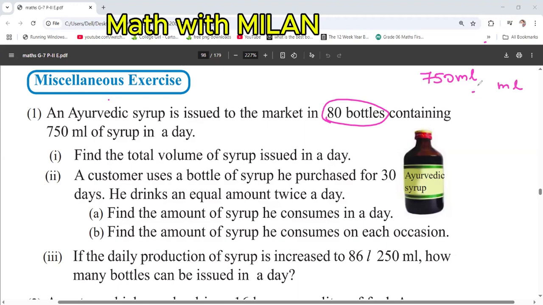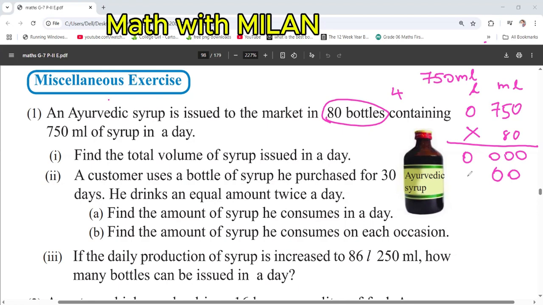You have milliliters and liters. So 750 by 80. So let's multiply. You see 0 into 0 is 0, 0, 0. When you multiply anything by 0, the answer is 0. Okay. And 8 into 0 is 0. 8 into 5 is 40. You write 0. Then 4 carries. 8 into 7 is 56. 56 plus 4 is 60.